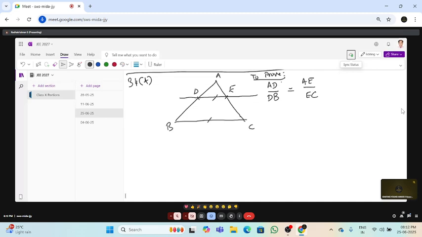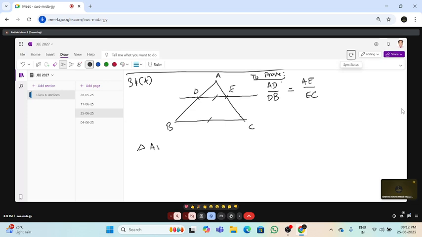Let me start while you are all working. So look at triangle ABC and triangle ADE. What do you see when you compare triangle ABC and ADE?